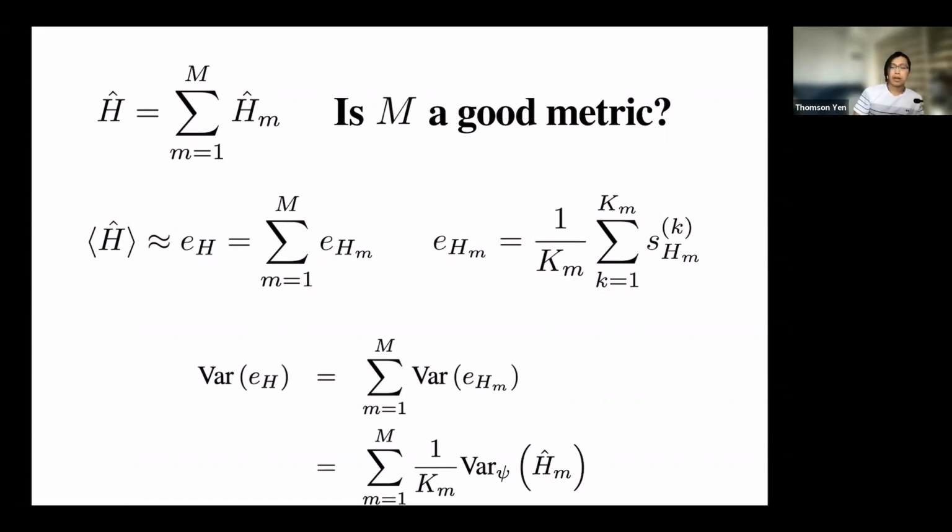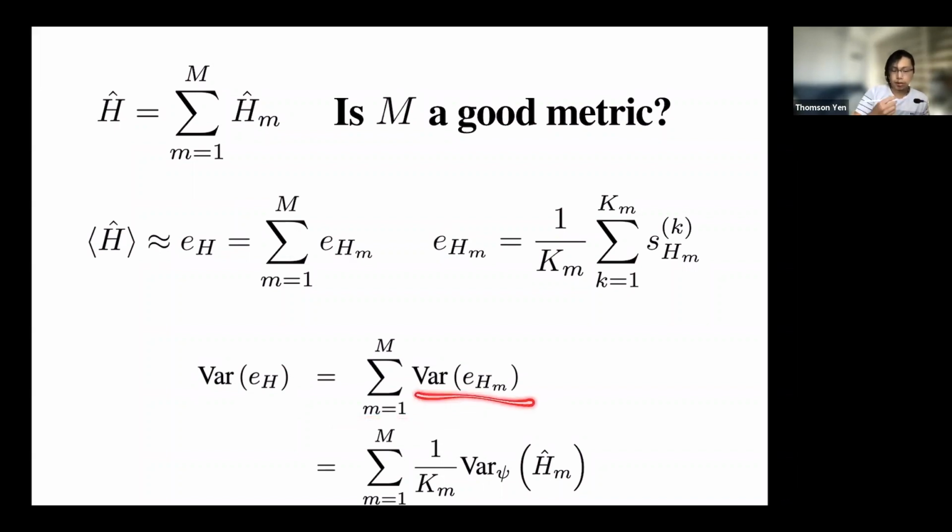What we really want instead of M is to get to the expectation value of the Hamiltonian as quickly as possible. So the thing that we care about should be the variance of your estimator. And we could look at what it should be. The first equality comes from the fact that the individual fragments are measured independently, using a separately prepared wave function. So the variance of EH would simply be the sum of variances of the fragments.